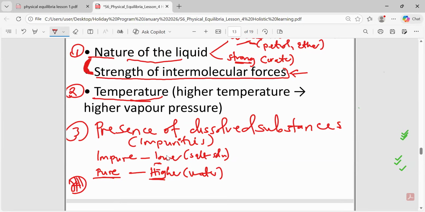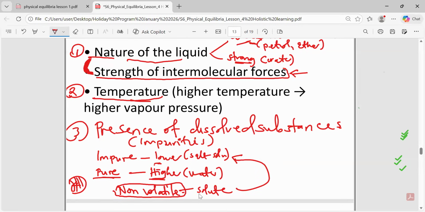So when you're testing the impurity you have added, it should be non-volatile, because if it is volatile, it is also going to contribute to the vapor pressure, and therefore you'll not be able to determine what you have been looking for. That's why we say it has to be non-volatile.